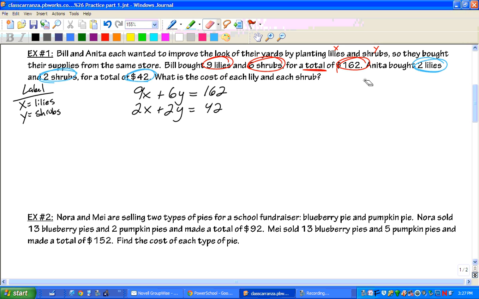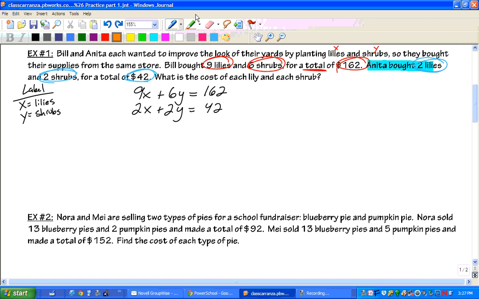Now, are we going to do substitution or elimination? Since everything's lined up, you can see the y's are together and the x's are together, that's a sign that we're going to do elimination. So what are we going to cancel, the x's or the y's?